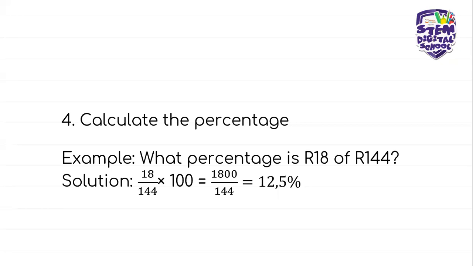Alternatively, you can multiply the numerator there by 100 to get 1,800, and then you divide by 144. So the 18 rands of 144 is the same as 18 over 144 times 100. That is the percentage that we're seeking. And of course, 1,800 divided by 144 gives you 12,5.